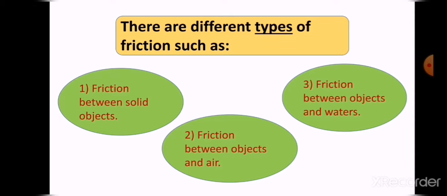So this is the friction between objects and water. How many types of friction? There are three types: friction between solid objects, friction between objects and air, and friction between objects and water.